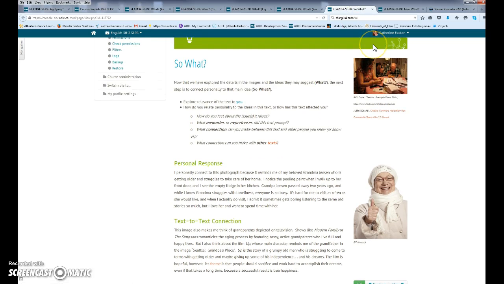So now I'm going to think about the so what. Why does this image matter to me? Or how can I connect to the image? And I thought about my grandma Jensen, who's also getting older and also struggling to take care of herself and her home. And so when I visit her, I notice that things are starting to fall apart. She just isn't as able to keep up with the paint that's peeling, her squeaky doors, her empty fridge.